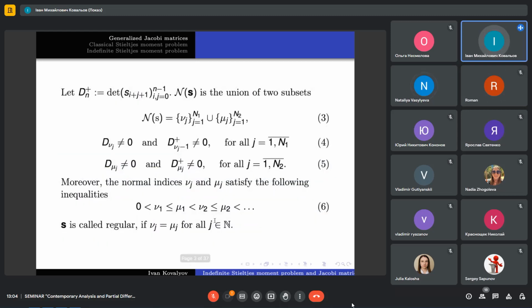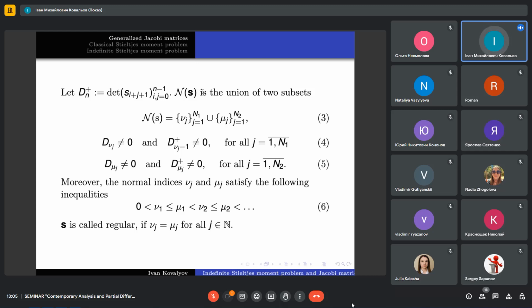The next thing we recall is D_n^+, the Hankel determinants with a shift. In this situation we get the following condition for the set of normal indices N of s.